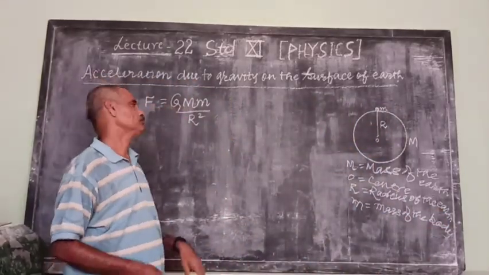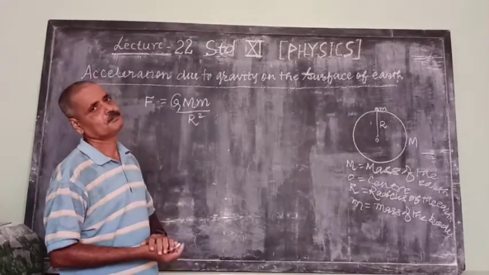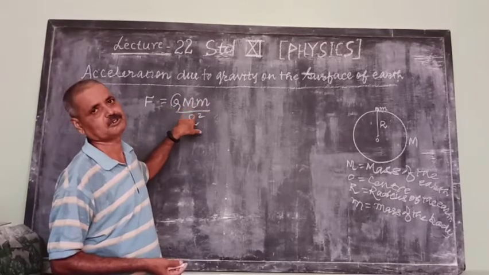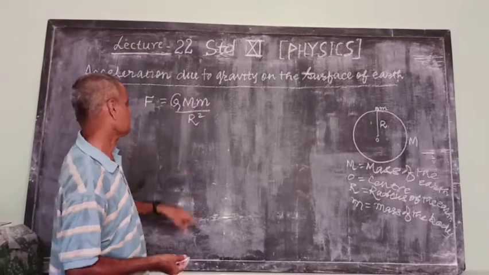According to Newton's law of gravitation, F is equal to this into this into this. In the previous class, we have discussed.